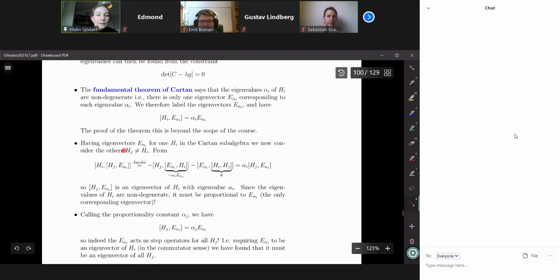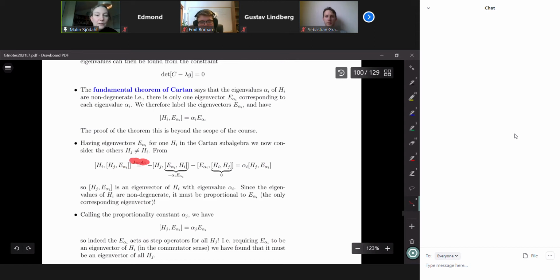So to study the effect of H_J, in this commutator sense, on the eigenvector E_alpha_I being an eigenvector of H_I, we take this double commutator. Why? We will soon see. So we study H_I commuted with the commutator of H_J and E_alpha_I. So we study the effect of H_I on this state here.